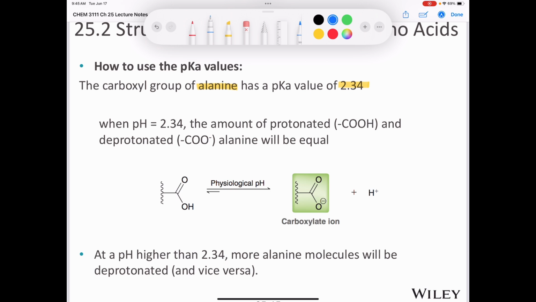For physiological pH, which is around 7.35 to 7.45, so we'll just put 7.4, the pKa is 2.34, and physiological pH is going to be more basic. And so therefore, the carboxylate form is going to predominate at physiological pH.